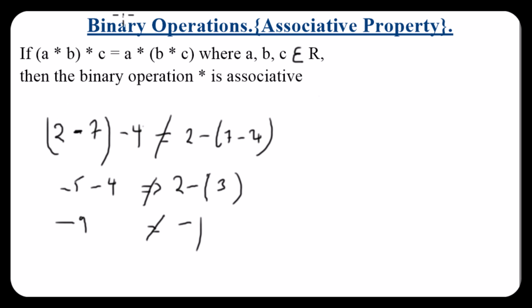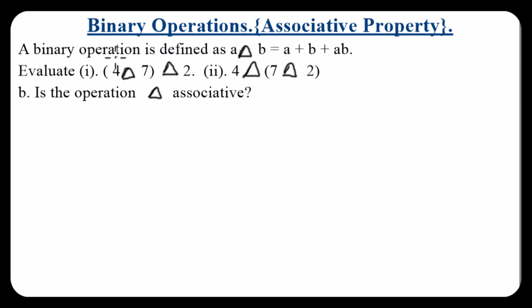Let's look at more examples and see what we can bring out from there. For our first example, we are told that a binary operation is defined as A delta B equals A plus B plus AB.